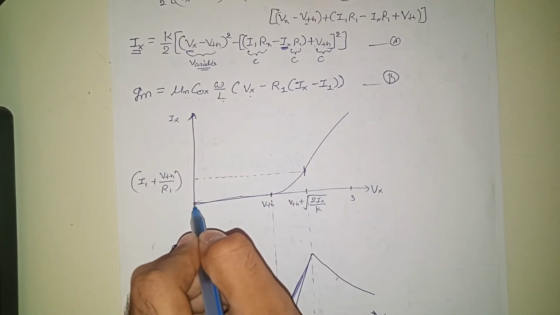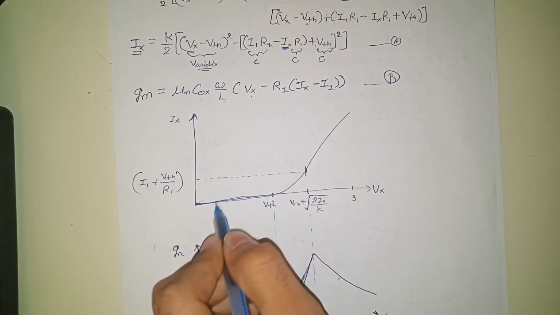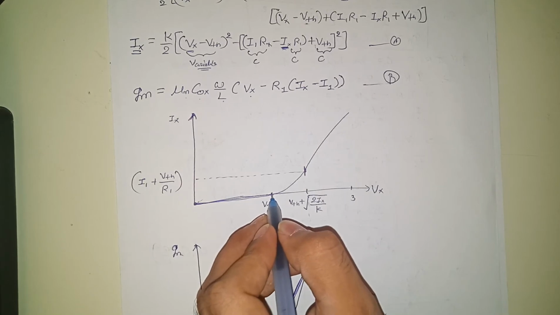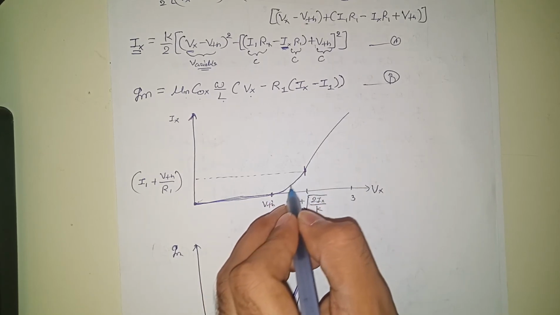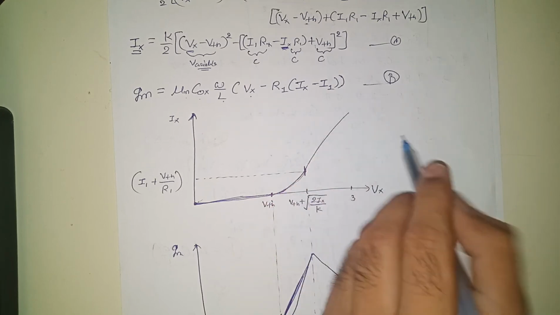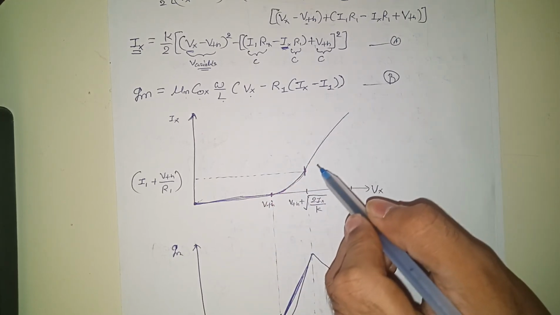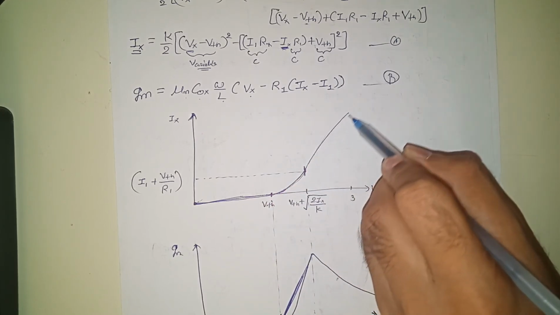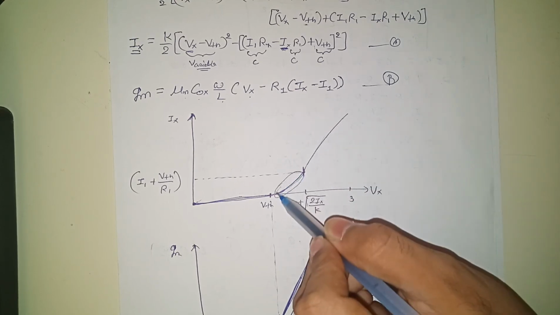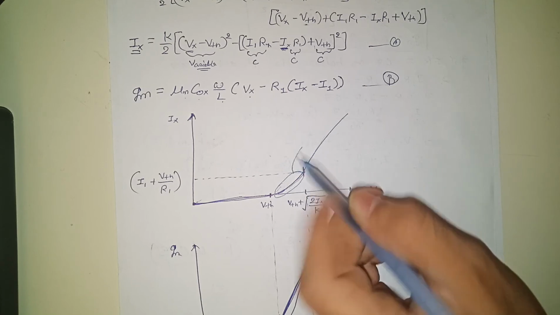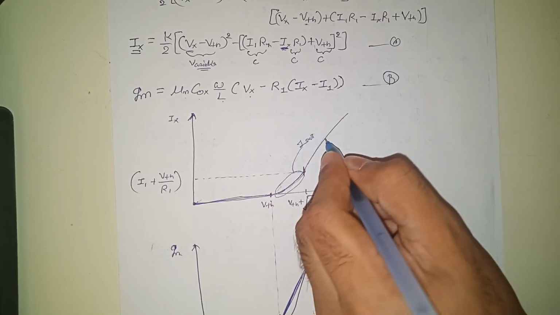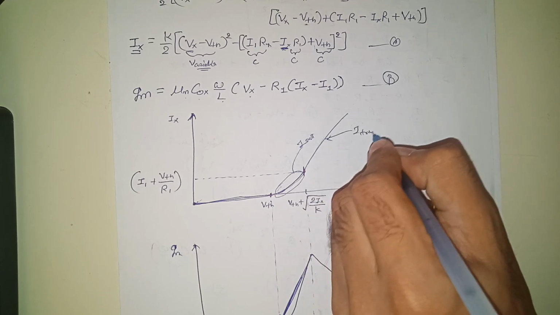So from 0 to VTH, this is 0 current, Ix will be 0. After that this is the saturation region current, and after that this will be a linear term. What I mean by linear term is that the triode region current equation is somewhat linear compared to this portion of I in saturation, let's say, and this is I triode.